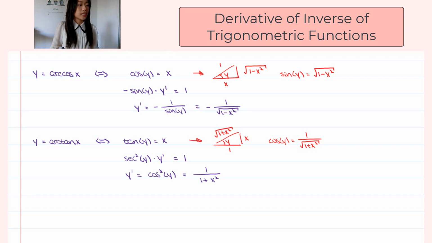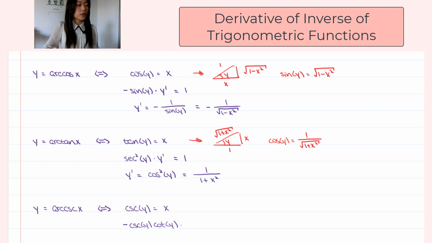How about arccosecant? So let's define y as arccosecant. Then I can rewrite this as cosecant of y equals x. Then I take the derivative. The derivative of the cosecant function is negative of cosecant function times cotangent function.